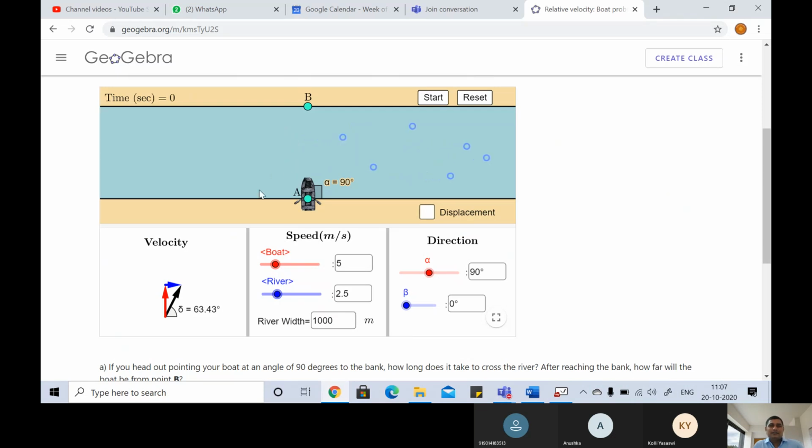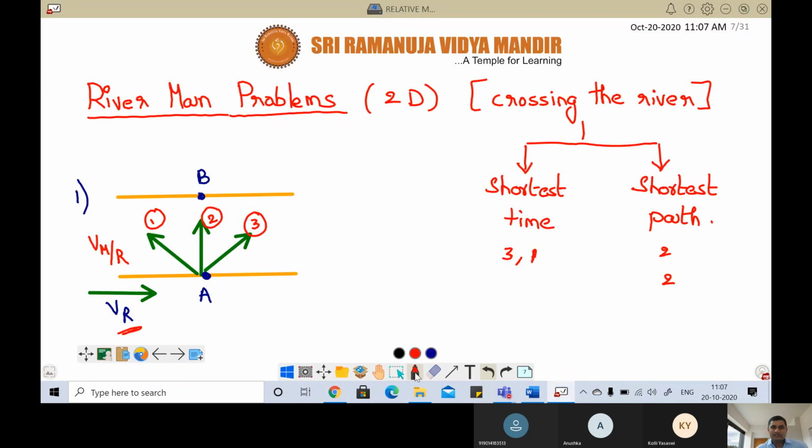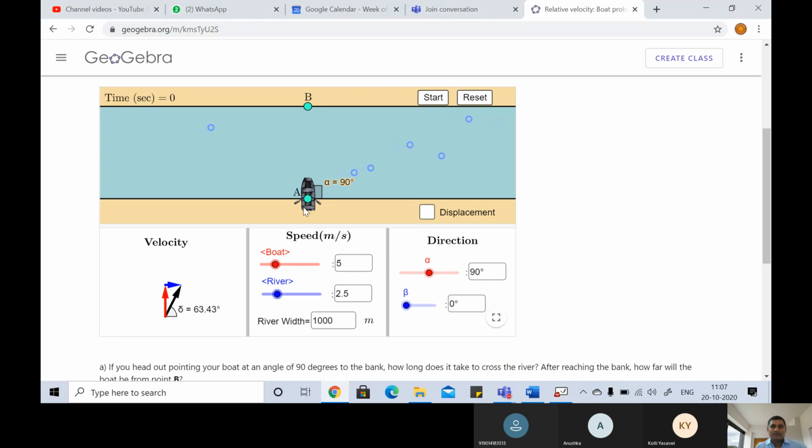Let us say the width of the river is 10 meters. According to all three of you, let us go in path 2, that means the boat heads in this direction. I'll put the displacement. So let me start.